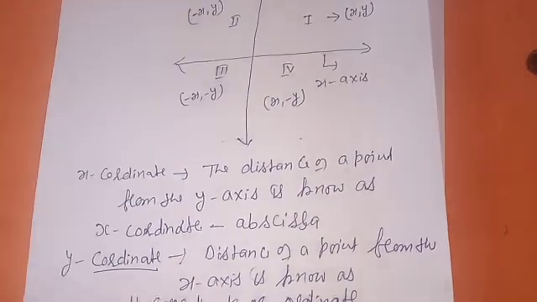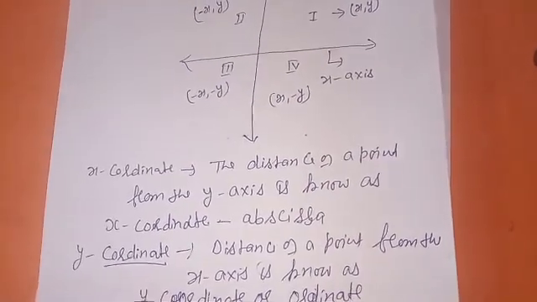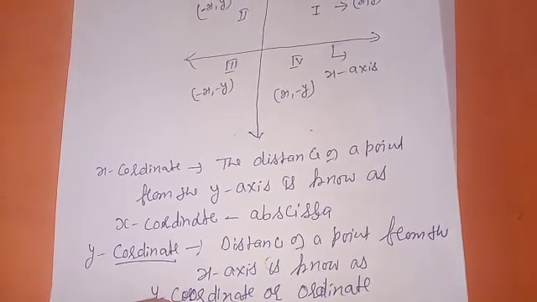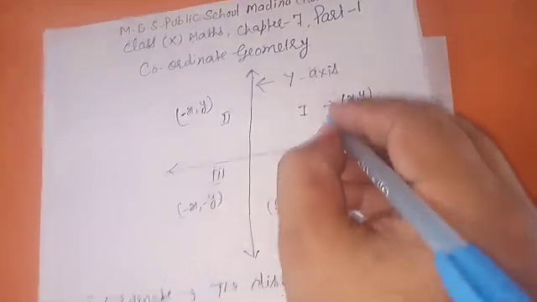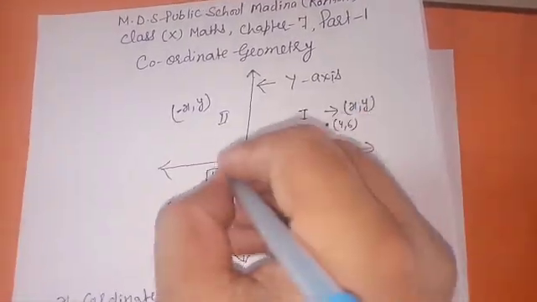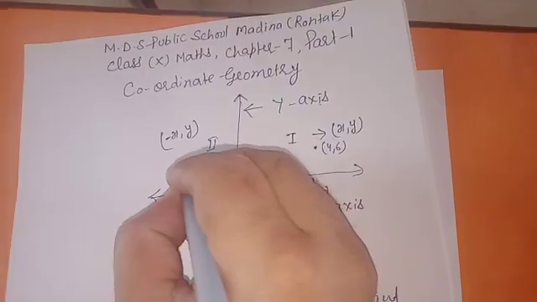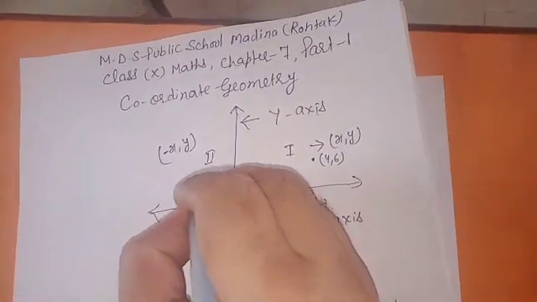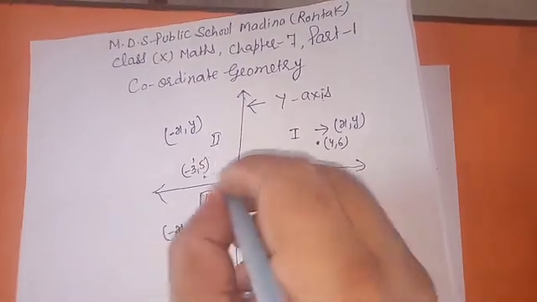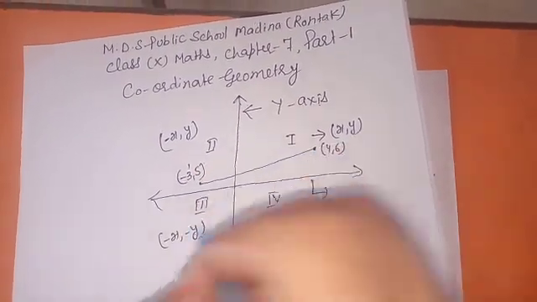Here in this class we will read about how to find out the distance between 2 points whose coordinates are given. Like this, if this is a point whose coordinates are 4 and 6, and this is a point whose coordinates are -3 and 5, how can we find out this distance?